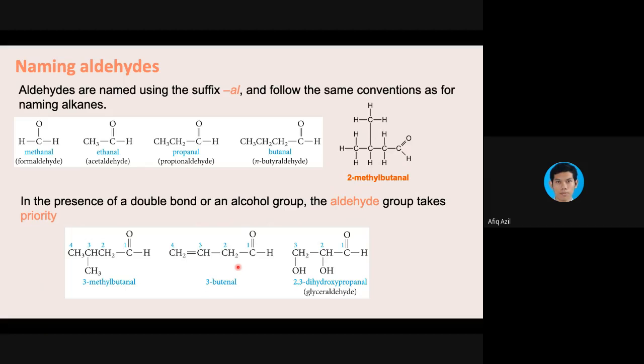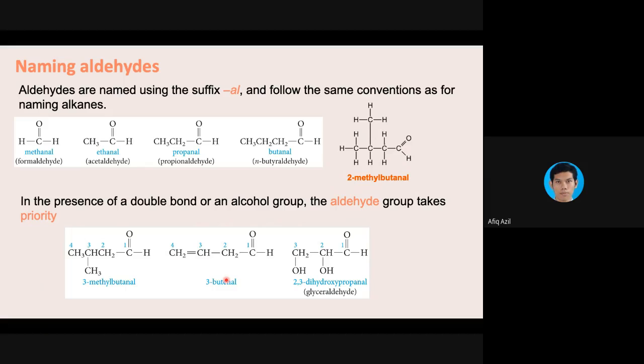But then again, there is a double bond over here. So you may write it as 3 to denote the position of this double bond, 3-butenal. Not butanal, butenal, because the root name, if there is no C double bond O, will be 3-butene.